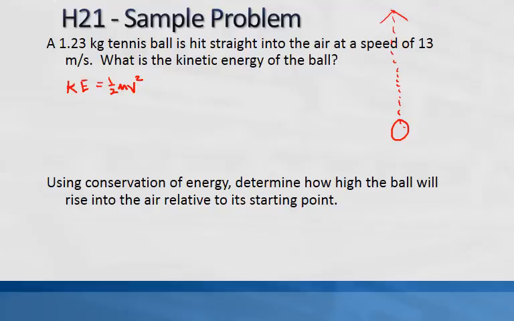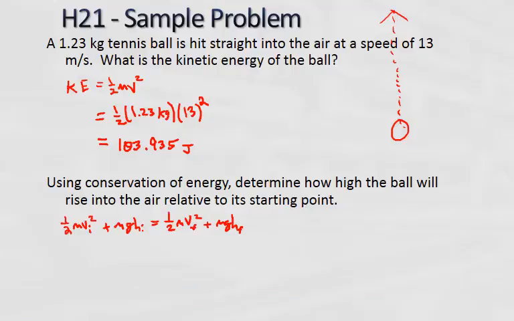All right, so we've got our kinetic energy starting out at 103.935 joules. And using conservation of energy, we would figure out how high it goes. We have conservation of energy, and the initial height is 0, right? It says relative to the starting point, so we'll say 0 meters is the starting point. And then what's the final velocity at the top? 0 at the top.